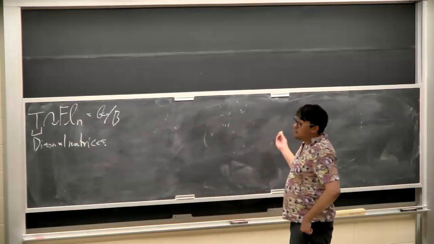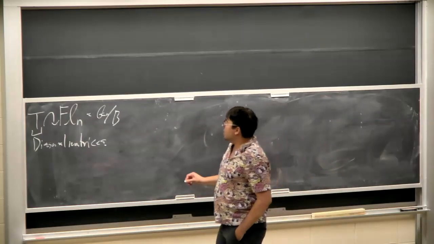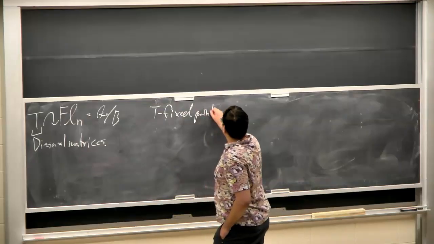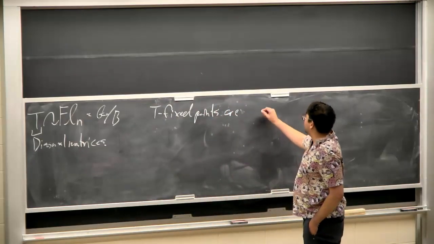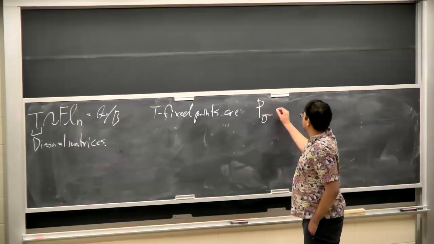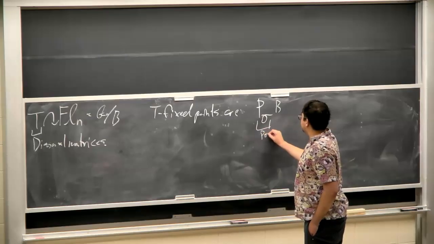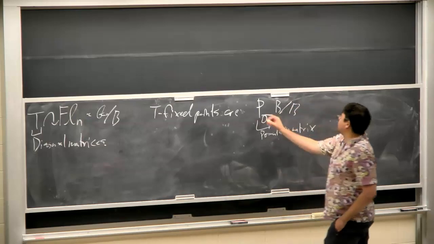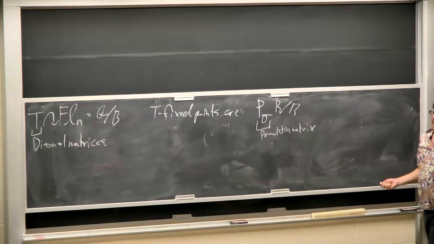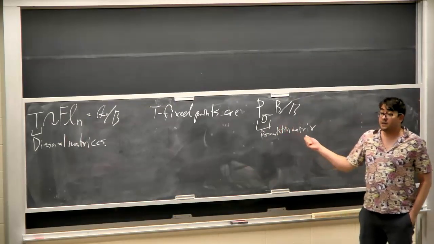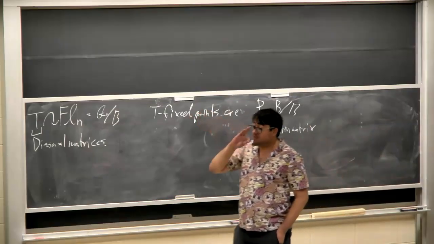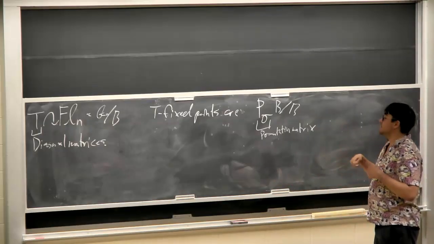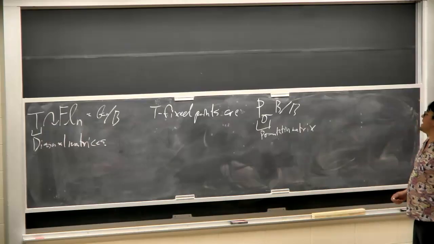A moment's thought should hopefully convince you that the T-fixed points are of the form permutation matrix times B. These are the coordinate flags. They're just flags where each subspace in your flag is spanned by some coordinate vectors, and then scaling those standard basis vectors isn't going to change the flag.